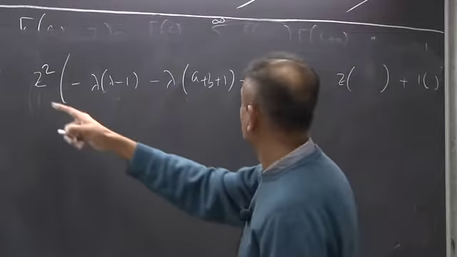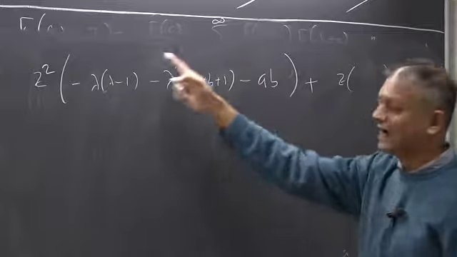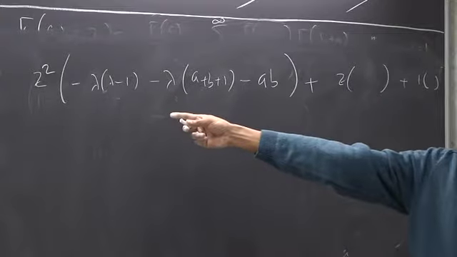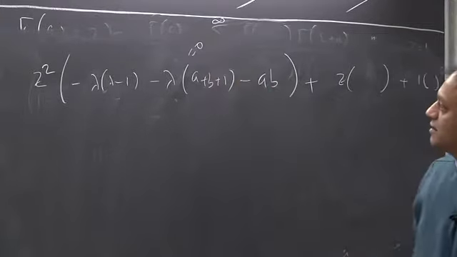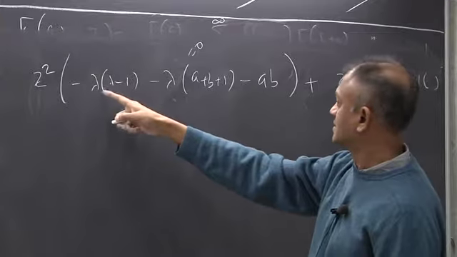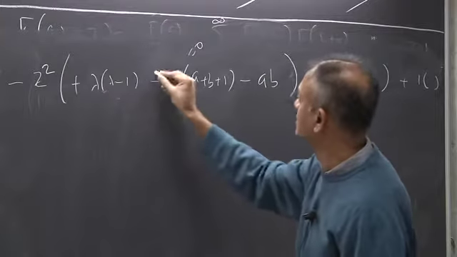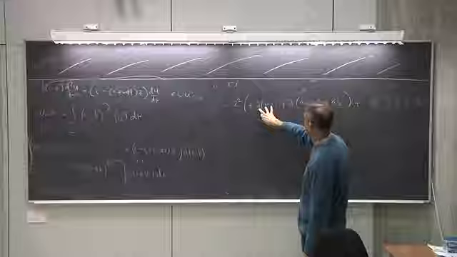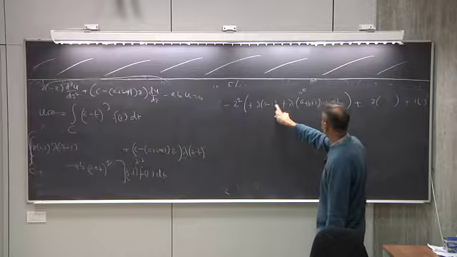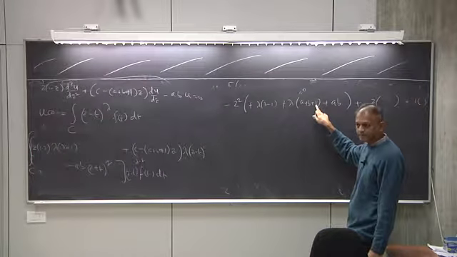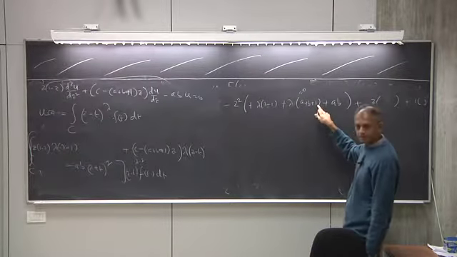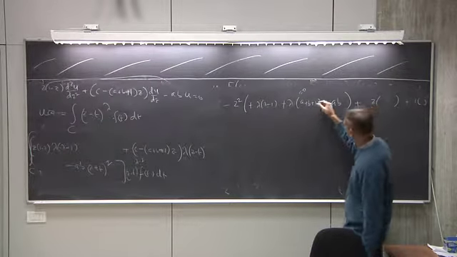This is just a quadratic equation for lambda, it will have 2 solutions, right? I want to set this equal to 0. So you can see, minus lambda, this is the same as, I can take out minus outside. So you get lambda square minus lambda, but that minus lambda will cancel with this plus lambda here, lambda times 1. So this goes out and that goes out.